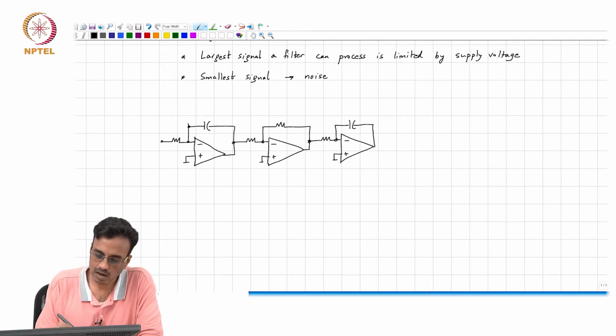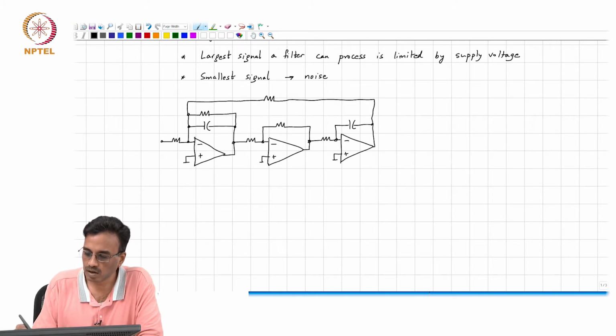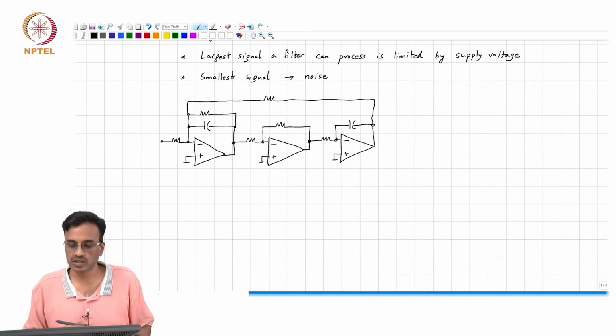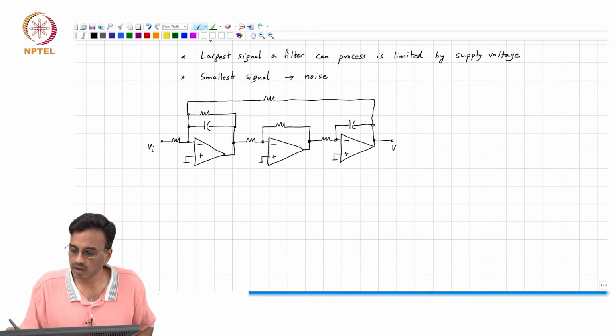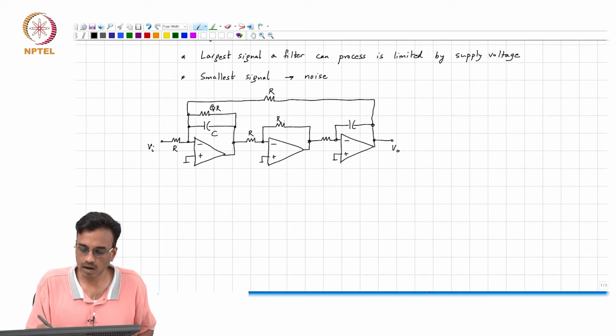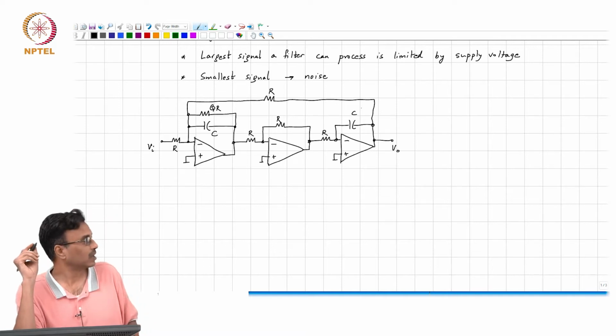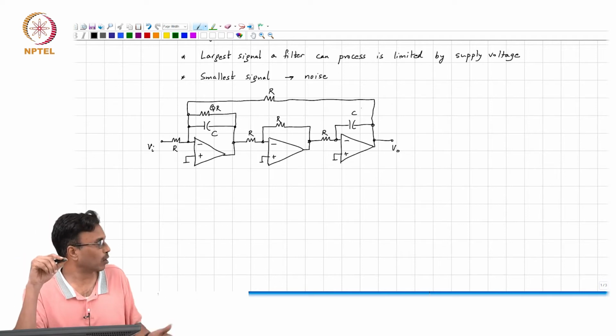As we said yesterday, if we were only interested in the low pass response, it does not particularly matter whether you put the damping resistor on the input side or the output side, as far as the input output transfer function is concerned. This is Vi, this is Vo, which is a low pass transfer function. All the resistors except the damping resistor are R, for instance, and this is C, and depending on the Q, the peak transfer functions at the outputs of different op amps can be different.